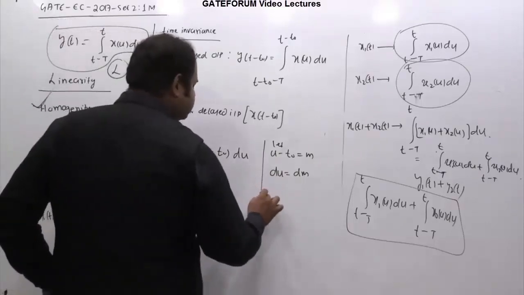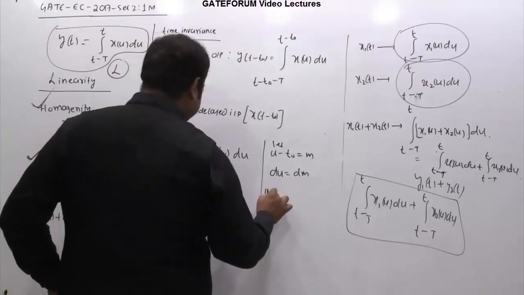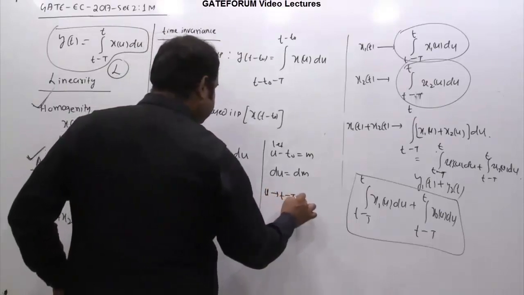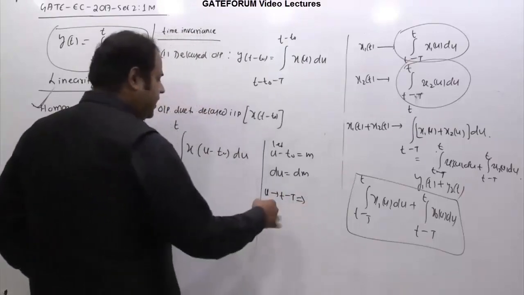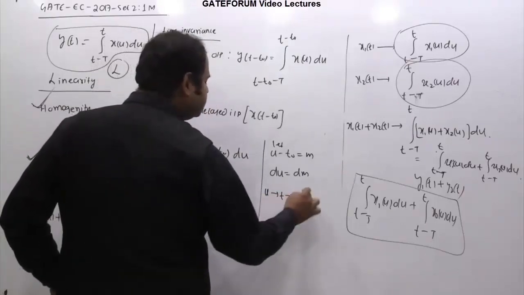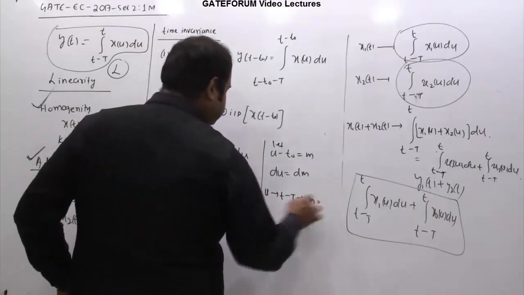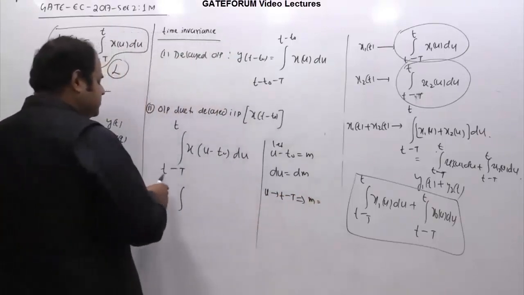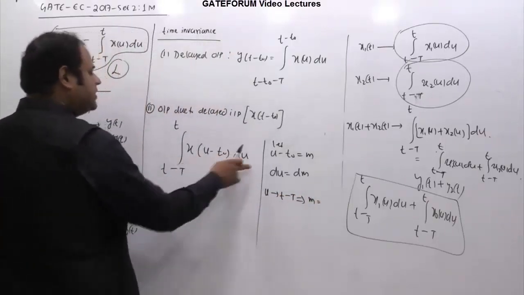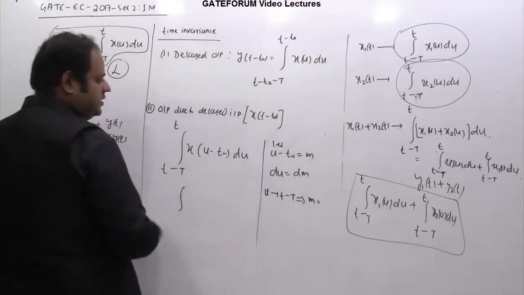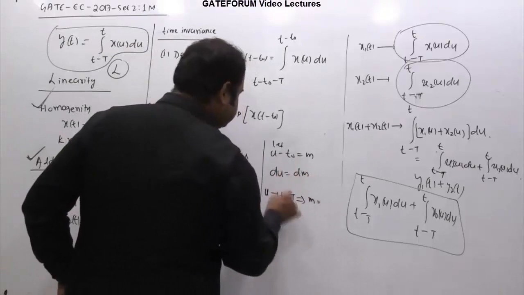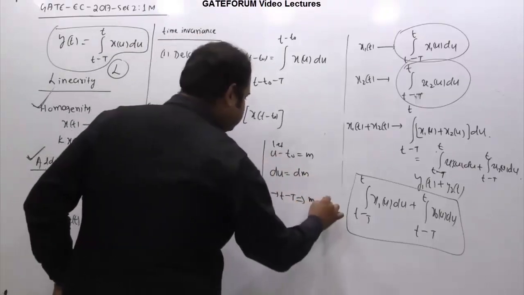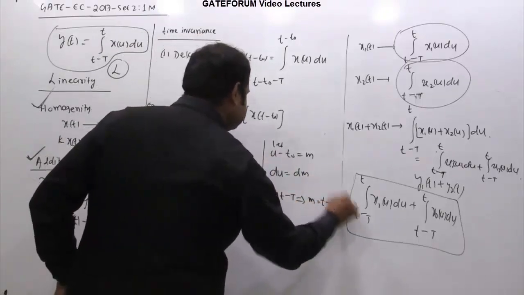So here u was tending to t minus t, now what is going to happen for the m then? When u was this one, what is your m? When u tends to t minus t, then m becomes t minus t naught.